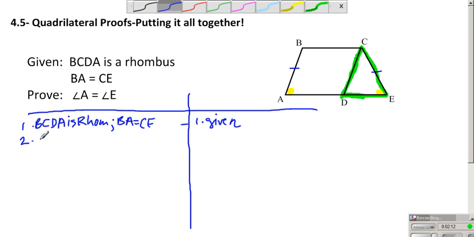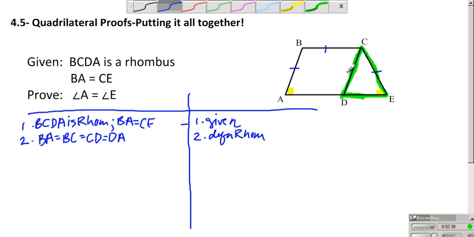So I'm going to go ahead and try to prove that that's an isosceles triangle, because I know that BA equals BC, which equals CD, which equals DA by definition of rhombus. Now, why did that help me? Well, all the sides are equal.